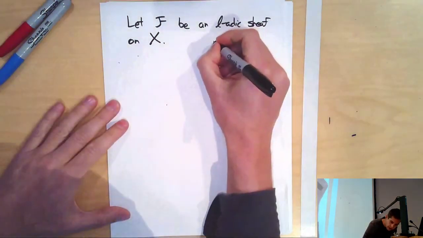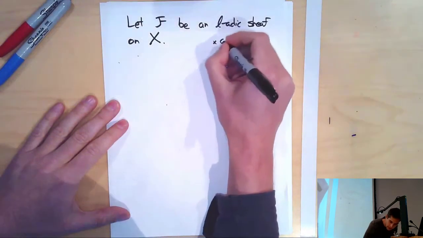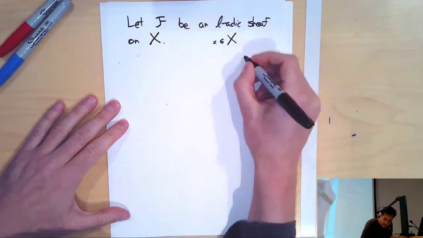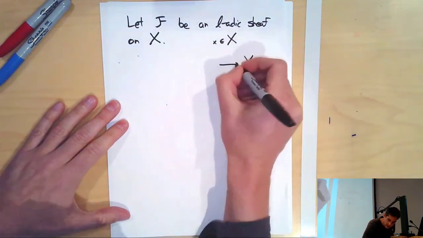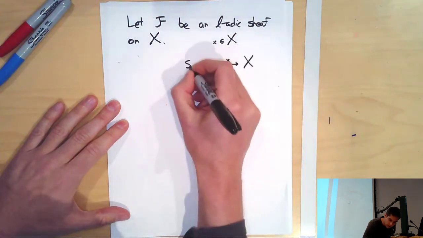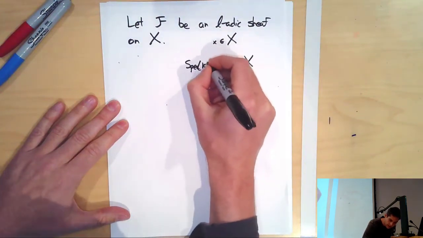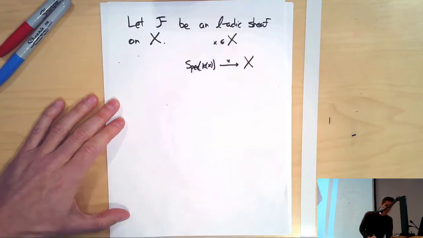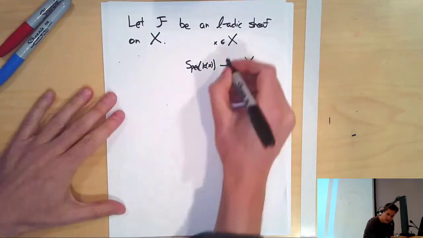If I have a closed point of my variety, I can think of it as giving me a map from the spectrum of a field into that variety, namely the residue field at that closed point.